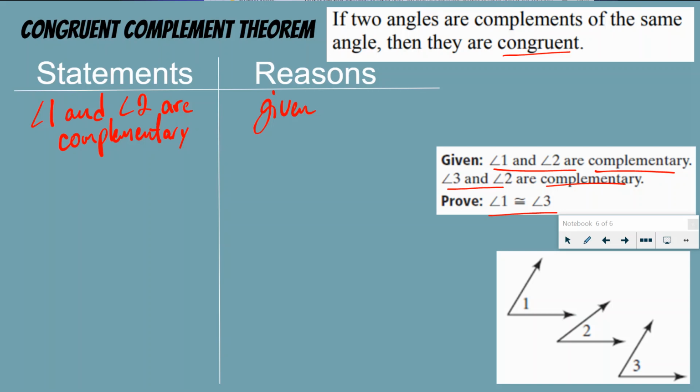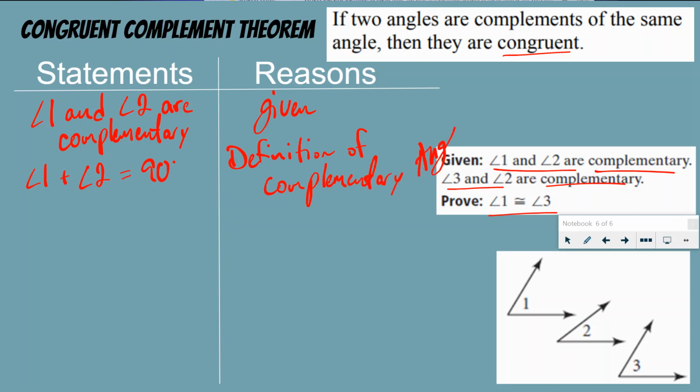And if I know that they're complementary, then I know that angle 1 plus angle 2 add up to 90 degrees. That's just by the definition of complementary angles. And then I'm going to make the exact same two statements about this set of angles.